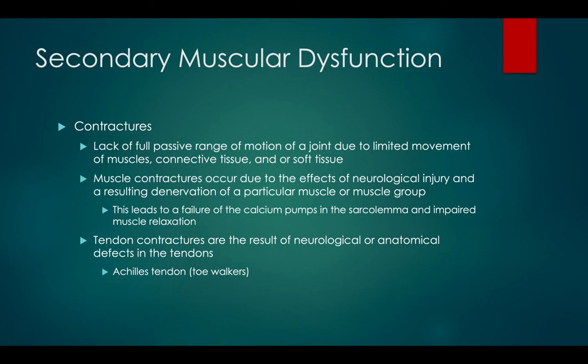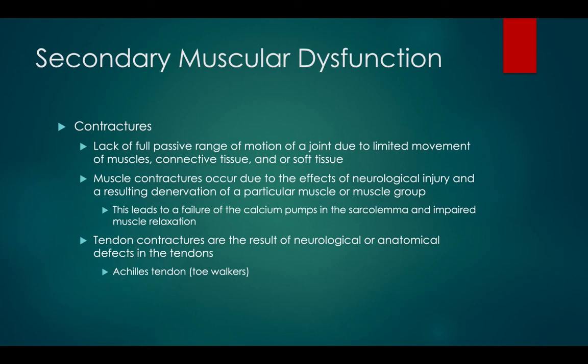In particular, with neurological injuries, there's a strong relationship between the nervous system and the muscle system. The nervous system innervates all of the muscles. That's what allows them to contract and what allows us to control their contraction.